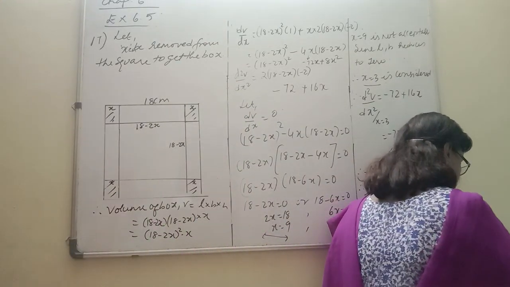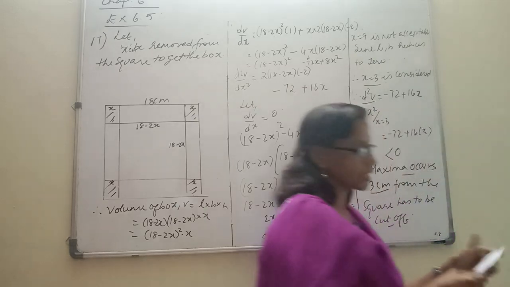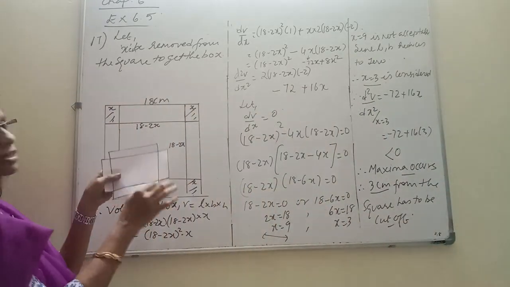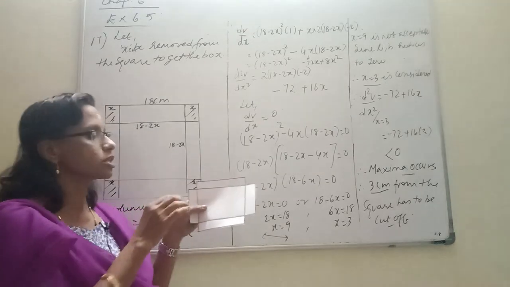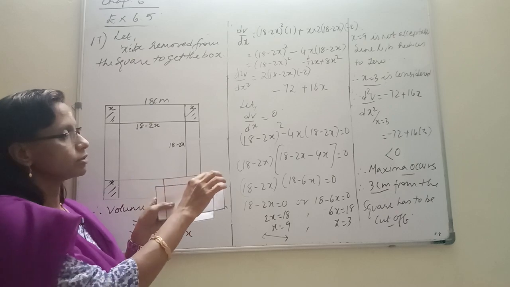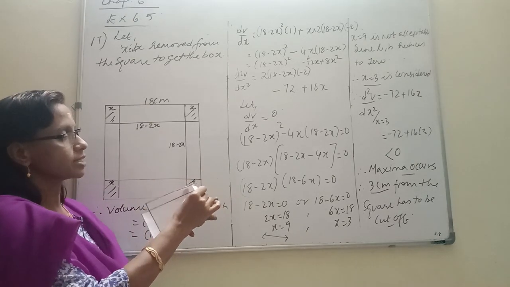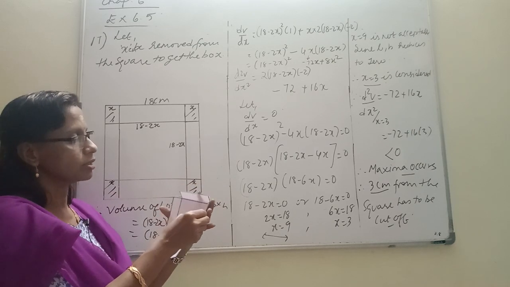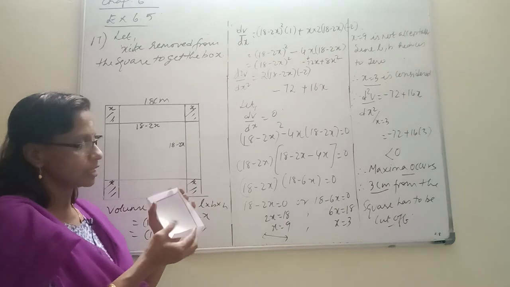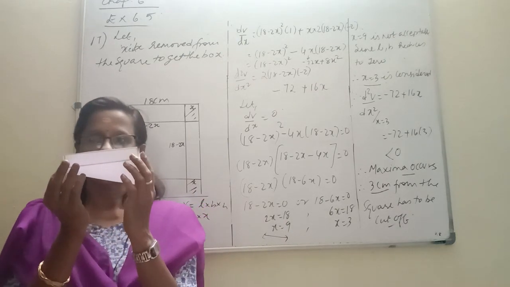As told in the question, it's a box which is open at the top. After you have cut these, this is not a square box, it's a rectangular box. If you have removed these corners, then you just fold that part of the rectangle like this, and you get that box.